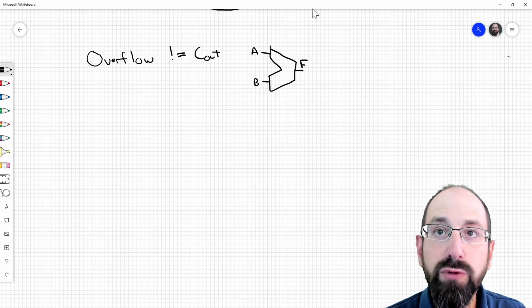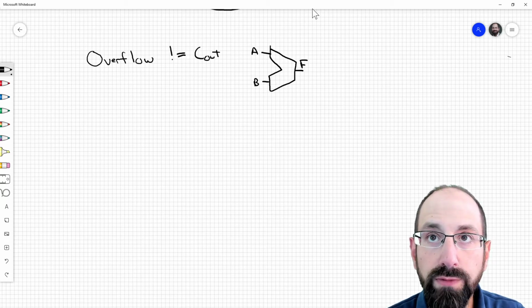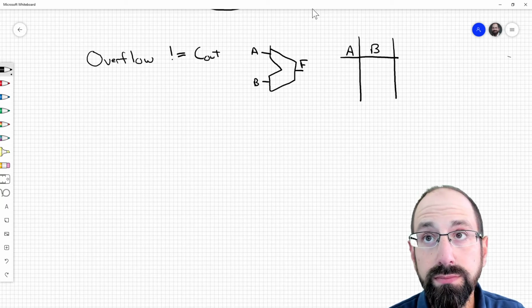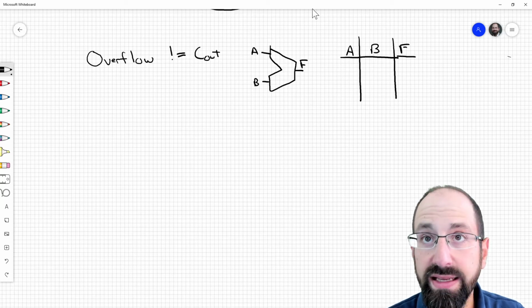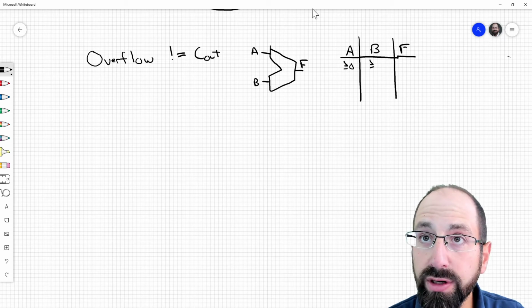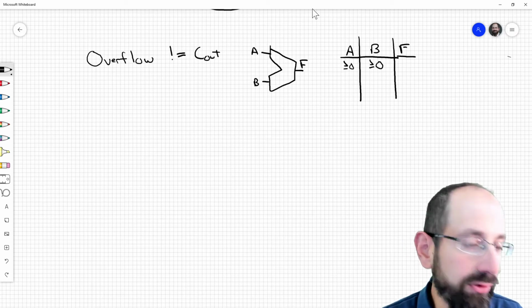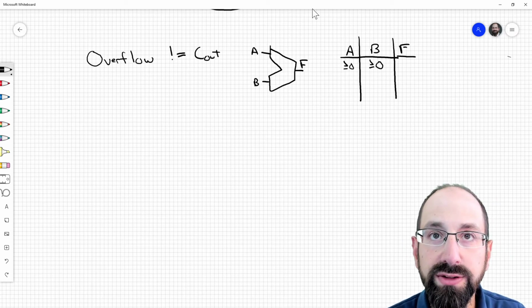If we have, for example, we'll draw a quick little column here where we have A and we have B and we have our result F. If A is greater than or equal to 0 and B is greater than or equal to 0, for this result to be correct, we would expect F to also be greater than or equal to 0 when we add those two values together.